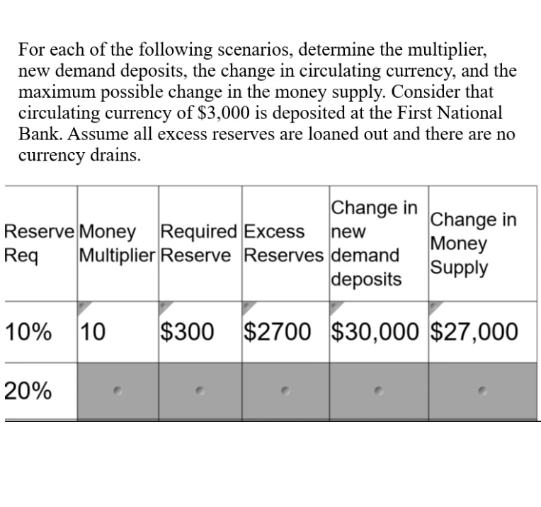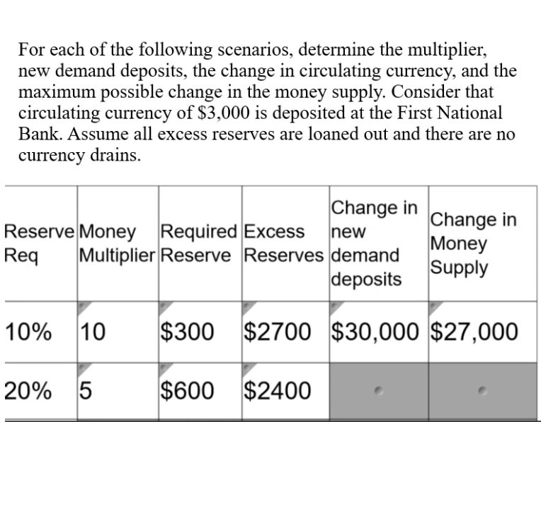All right, so if the reserve requirement is 20%, 1 divided by 0.2 equals 5. 20% of $3,000 is $600. If we are required to keep $600, 3,000 minus 600 equals $2,400 in excess reserves.